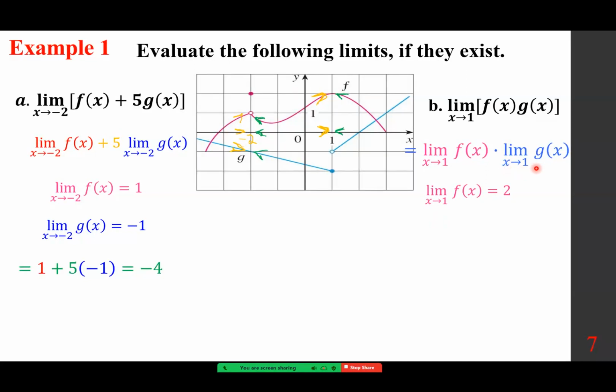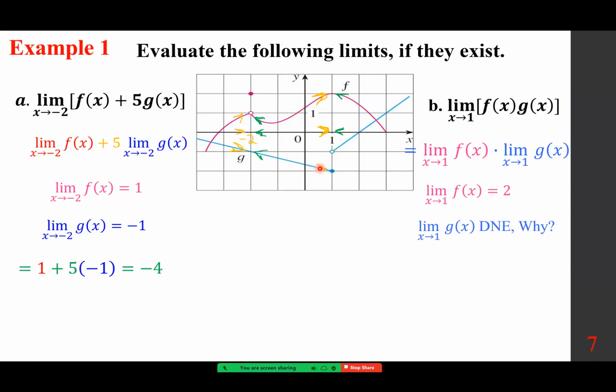For the g of x, what is the limit of g of x as x approaches 1? From the left side, so this doesn't exist. Why is that? Because here's the left side, everybody.